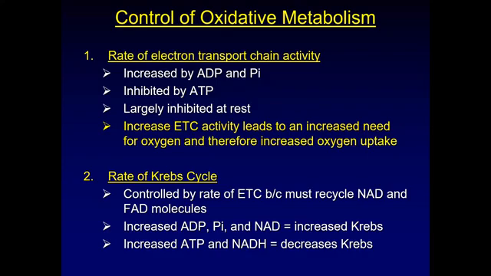We can make isocitrate dehydrogenase rates and the Krebs cycle rates speed up by increasing ADP, right? And then obviously we have more NAD available. Again, though, the Krebs cycle and the electron transport chain are largely inhibited at rest, which means they still make plenty of energy, but they're nowhere near their maximal rate.